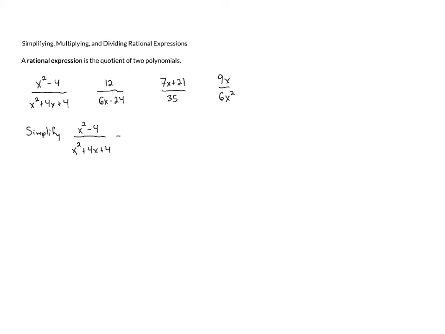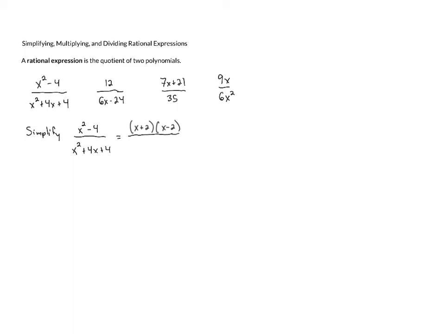But to simplify a fraction, we need to find any common factors that the top and bottom have. And to do that, we're going to have to factor each of these polynomials. If we start with x squared minus 4, we know that that's a difference of squares. We can factor that as x plus 2 times x minus 2.